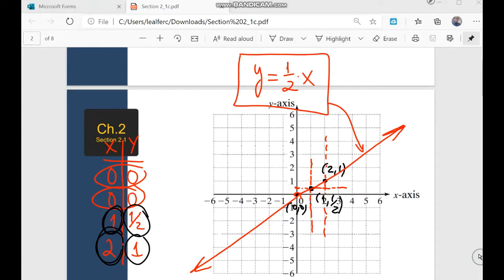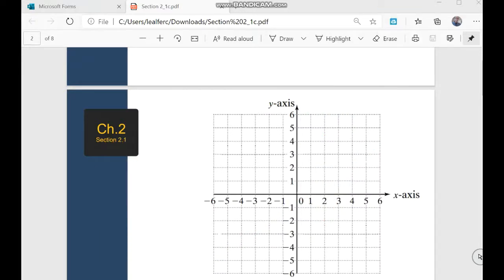And Kali is asking, it's hard when you don't have an actual graph with you. Do you mean when you don't have this kind of thing? You mean when you don't have this to plot? Don't have graph paper? Yes, I agree.